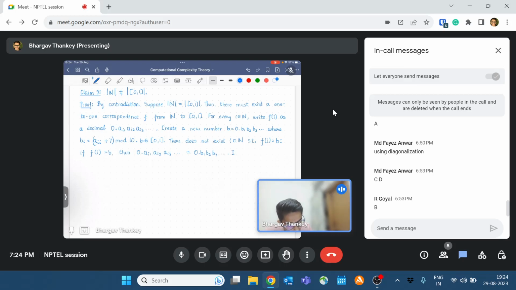In particular, A_ii is equal to B_i, which is equal to A_ii plus 7 mod 10.